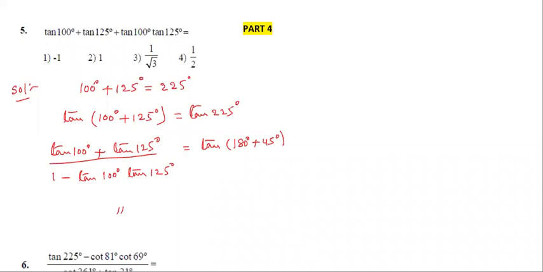Now 180 plus theta is the third quadrant, tan positive. At 180, tan does not change. So what will come? Tan 45 degrees. What is tan 45 degrees, students? 1.